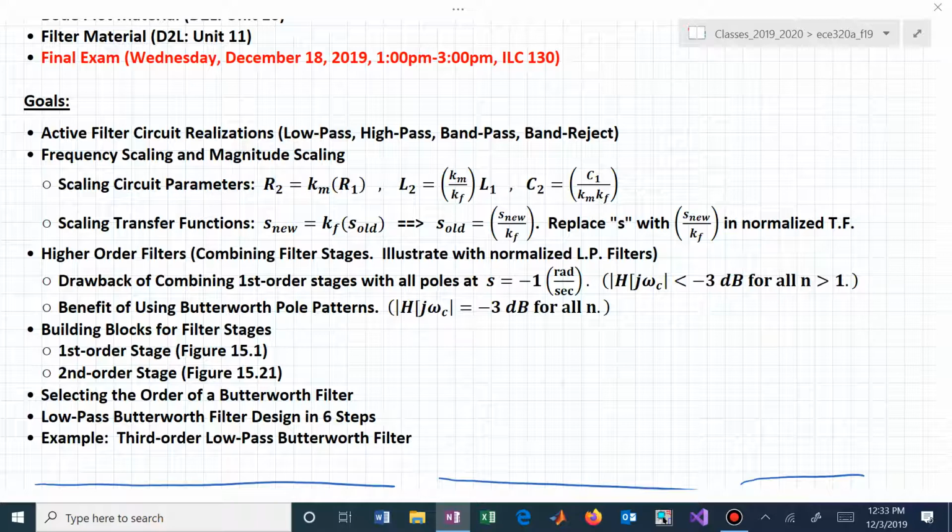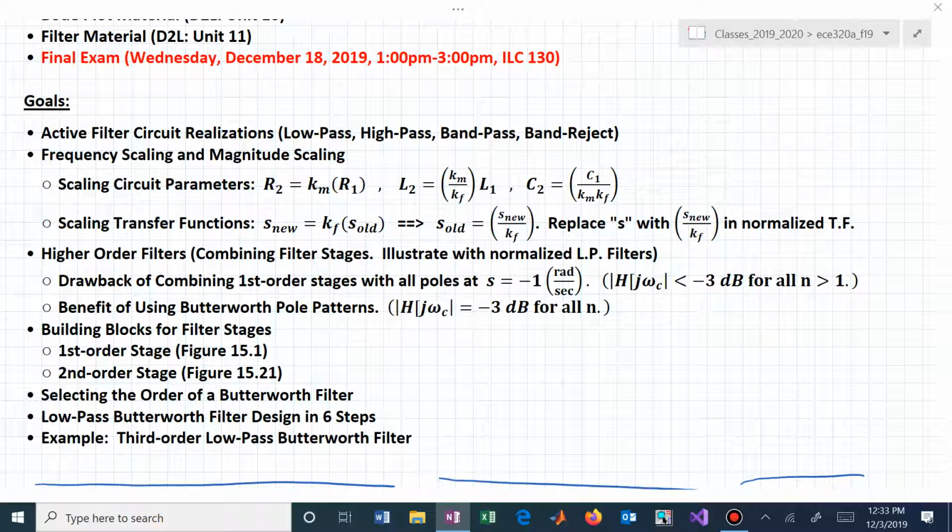Once we get higher, when we have a second order filter, we're not going to locate both of those poles on top of each other at -1. That will sacrifice our cutoff frequency. It will be lower than what we were hoping. We want to keep that cutoff frequency at 1 radian per second. And we'll show how we can put pieces together and still maintain that cutoff frequency at the same location.